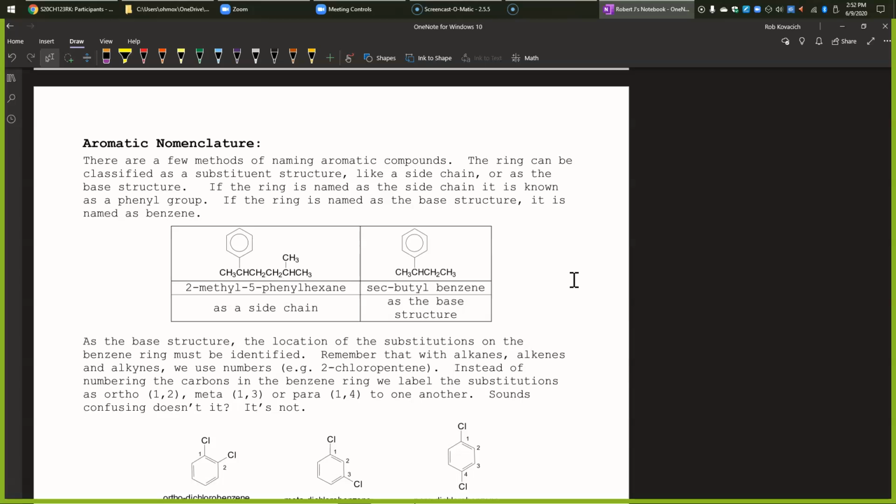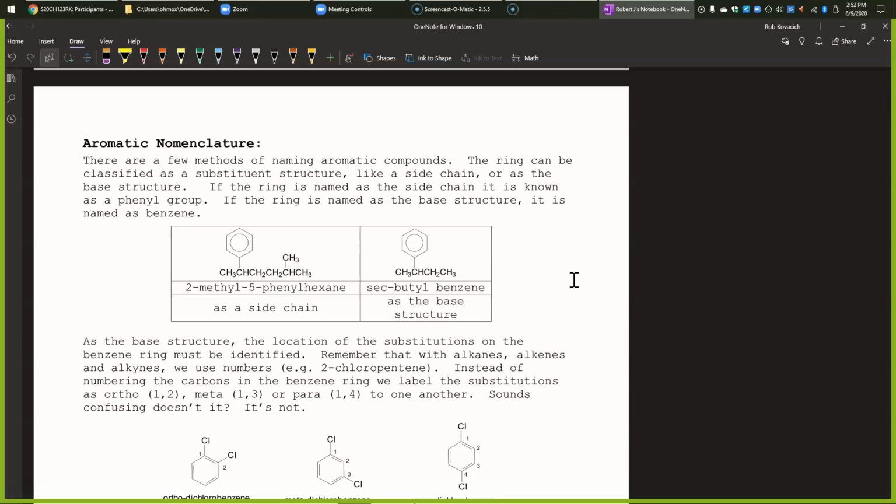Okay, let's do a little bit of aromatic nomenclature. So any molecule that has a benzene ring on it is considered aromatic. And we talked about benzene rings before, where the benzene rings themselves were super dangerous because they were sort of like Chinese throwing stars because there isn't anything attached to them and they're very flat and so they can cut through stuff.